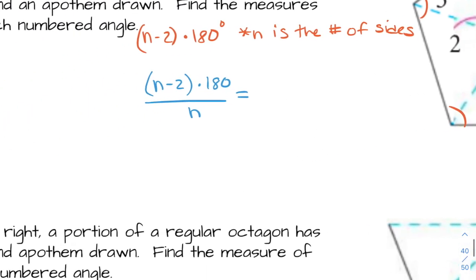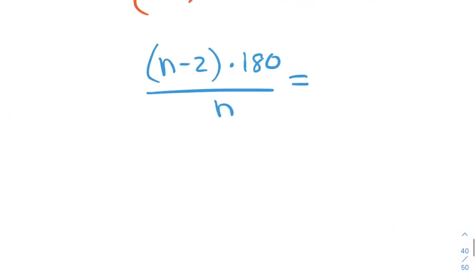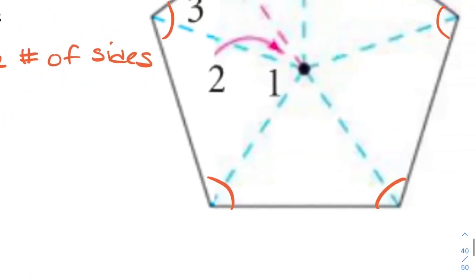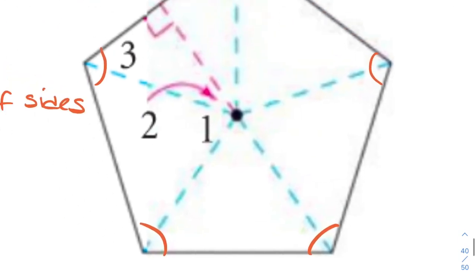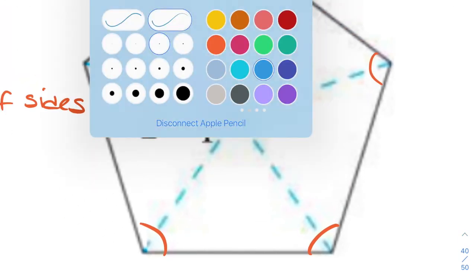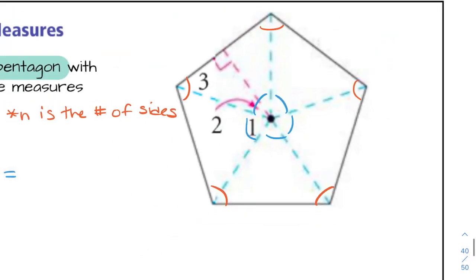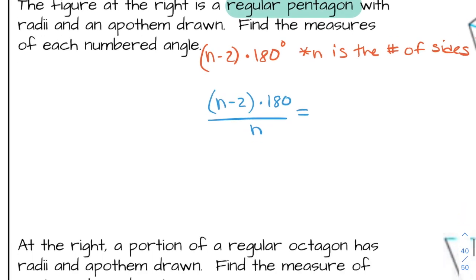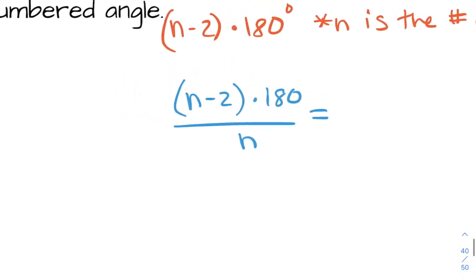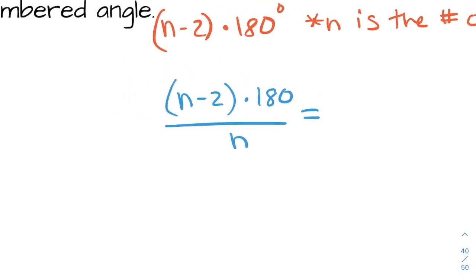Now to find each one, what you do is n minus 2 times 180 divided by n, because that will give you each one of those separate angles on the inside. So n minus 2 times 180, and n minus 2 times 180 divided by n.